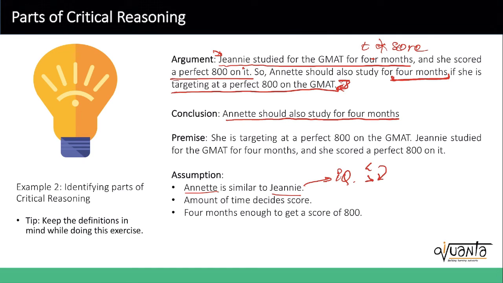It's not a function of score, but sorry, the score is a function of time. But the author is also assuming that it must be a function of time. Then it is also assuming that 4 months is enough to get 800, right? This one is basically a conclusion from these two, but if it's assuming these two, then it's also assuming this one, right? So this is how you identify conclusion, premise, and assumptions.